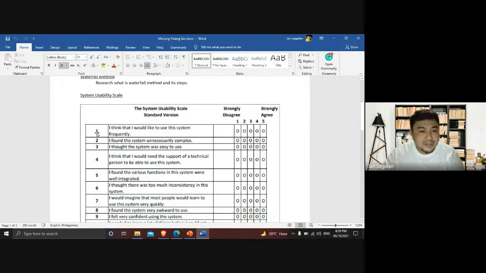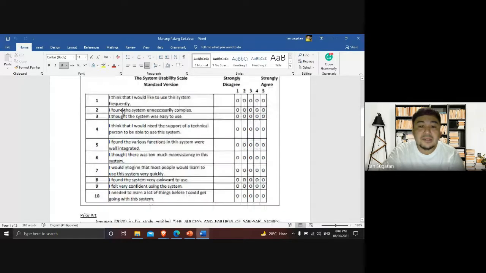So the first statement is number 1, I think I would like to use this system frequently. So kung pamangkoton ninyo respondent ninyo guys kung I think I would like to use the system frequently, mamili siya kung agree siya or disagree siya. So this is total sa 1 to 10. So pulo dia kabilog nga pamangkot.